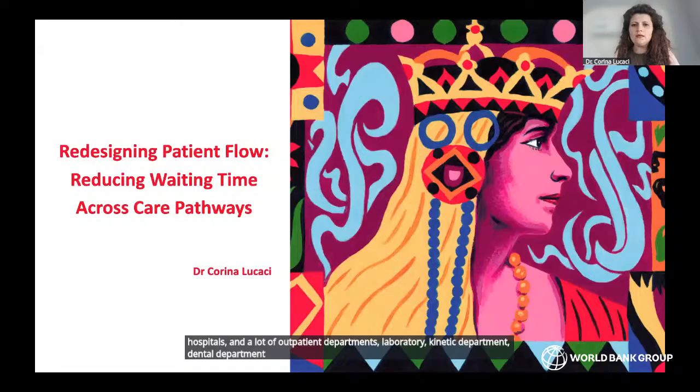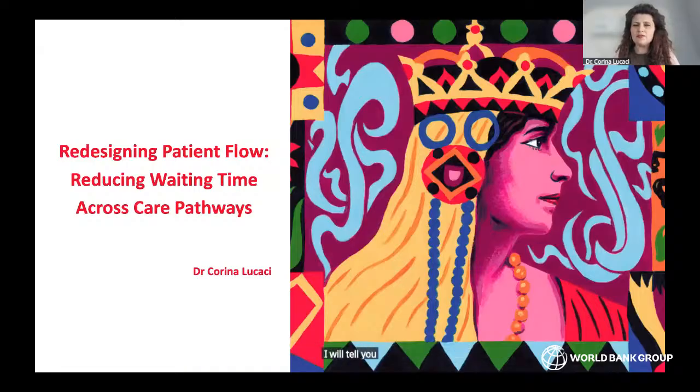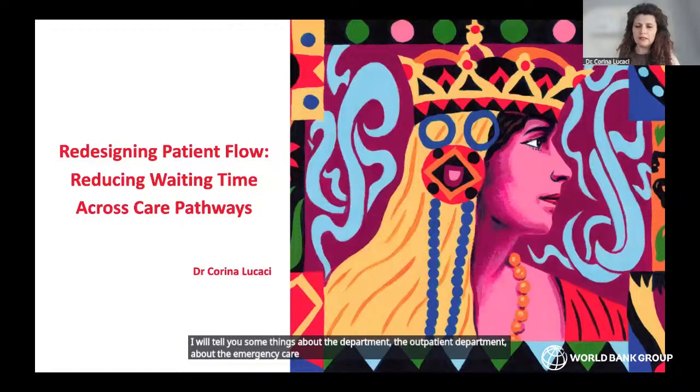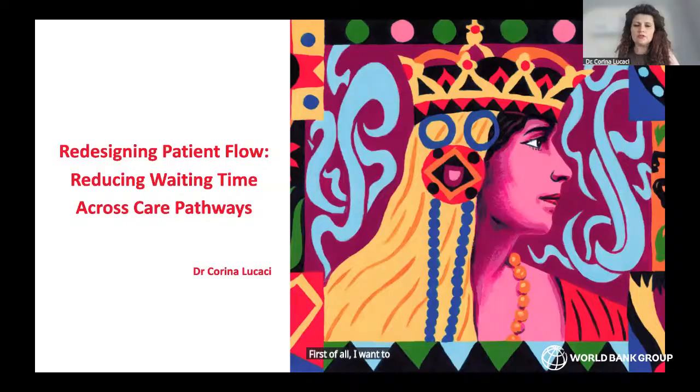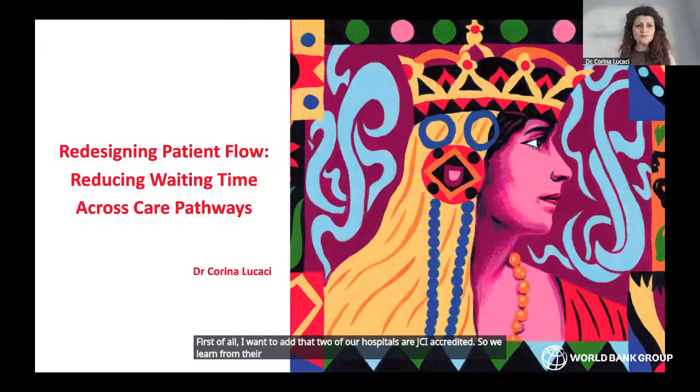I will tell you some things about the outpatient department, about the emergency care department that we have in our hospitals, and something about a new pathway for oncologic patients. First of all, I want to add that two of our hospitals are JCI accredited. So we learn from their standards too.